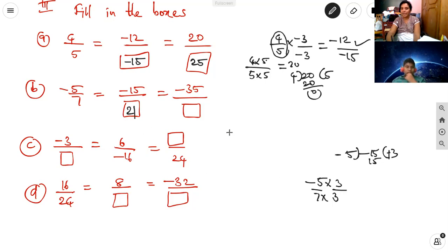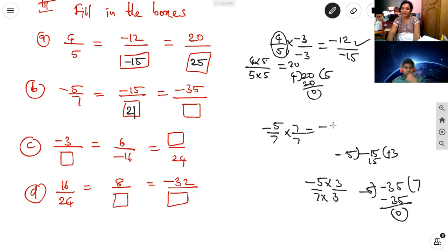Again, 35: minus 35 by minus 5. 5 7s are 35. So minus 5 into 7 is minus 35. So we should multiply minus 5 by 7 and 7 by 7. 5 7s are minus 35, 7 7s are 49.